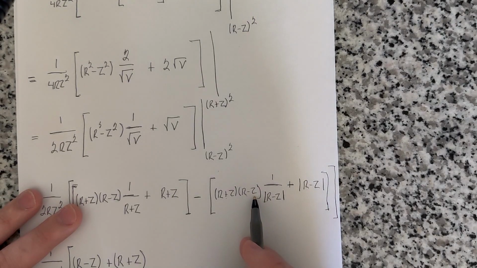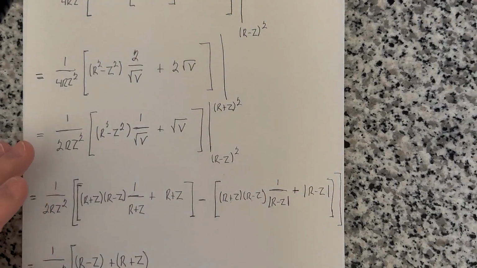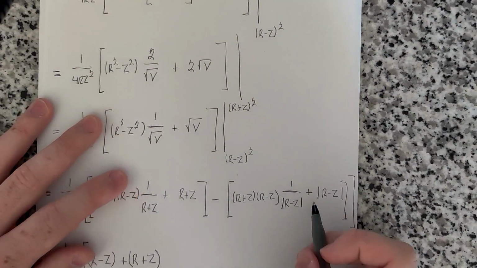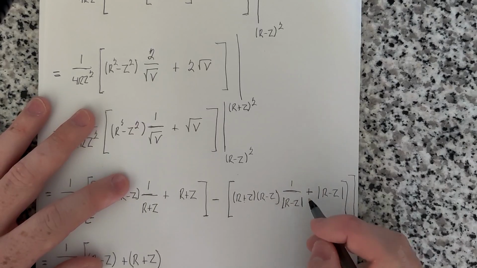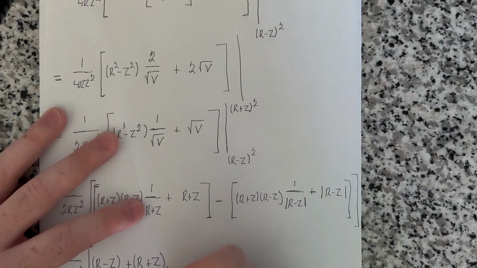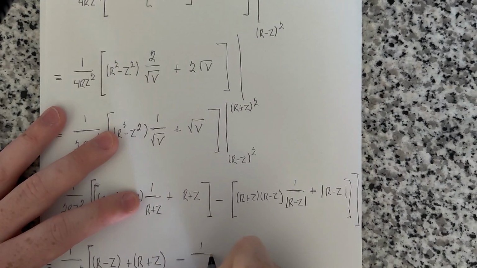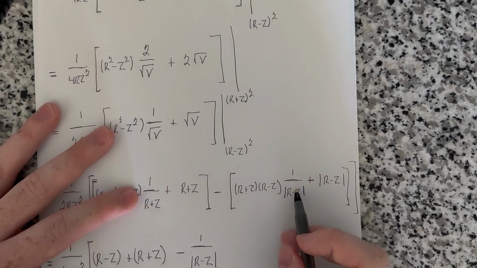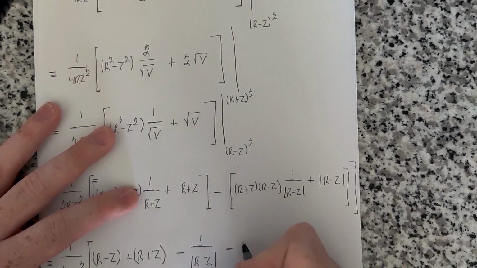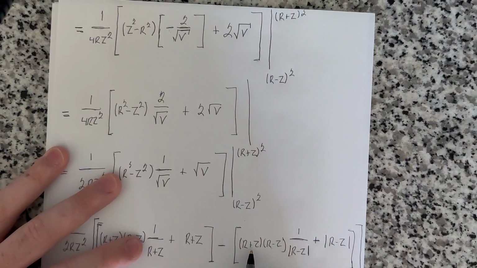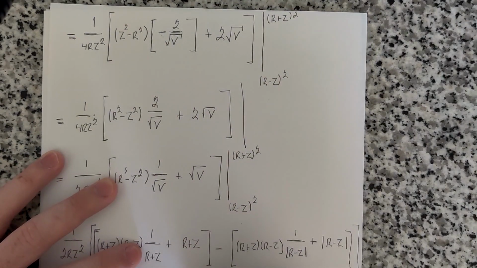So r minus z divided by the magnitude of r minus z doesn't cancel, because r minus z can be negative. This is the magnitude.